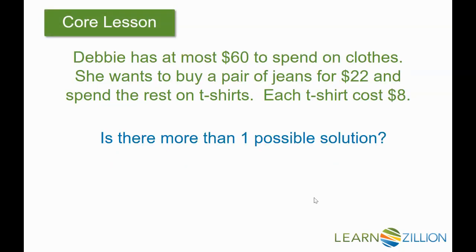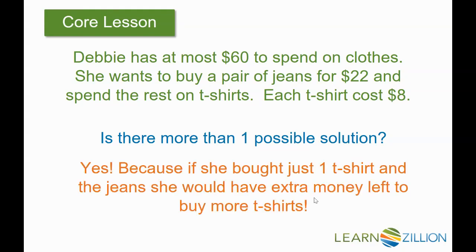So the next thing we need to know, is there more than one possible solution? Well, yes, because if she just bought one t-shirt and the jeans, she would have extra money left to buy more t-shirts, right? One pair of jeans and one t-shirt together would only be $30. So that would mean that she has another $30 to spend on t-shirts.